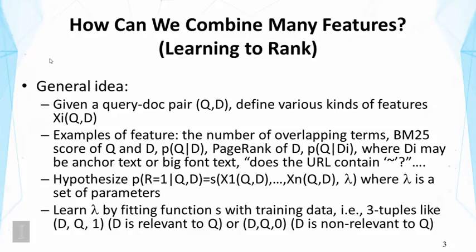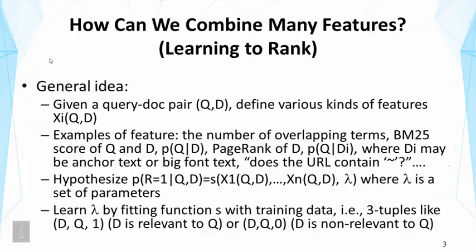It can be also application of retrieval models to the anchor text of the page. Those are the text descriptions of links that point to this page. So these can all be clues about whether this document is relevant or not.